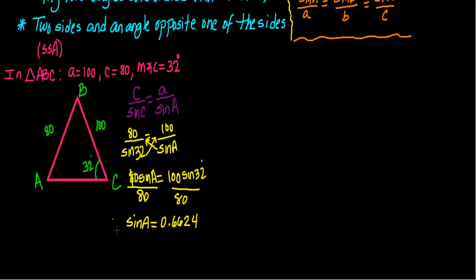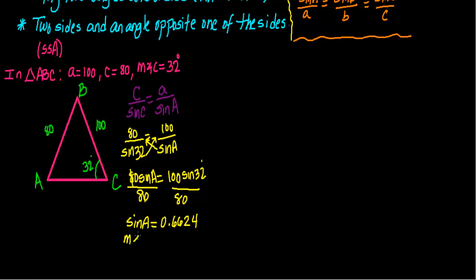Okay, this is where I stop for the first time in this problem, and I check and make sure that this sine is a valid sine. How do I know it's valid? If this number is between -1 and 1, and it is, so that means this is a valid angle. This angle exists. So let's look for the angle.